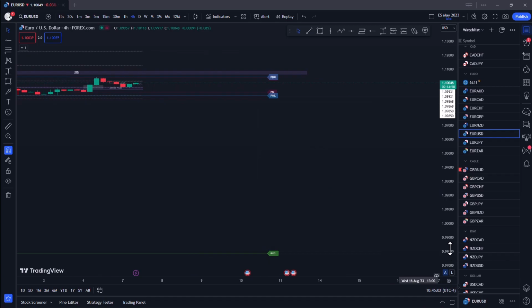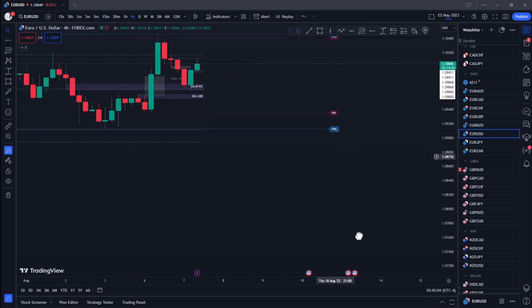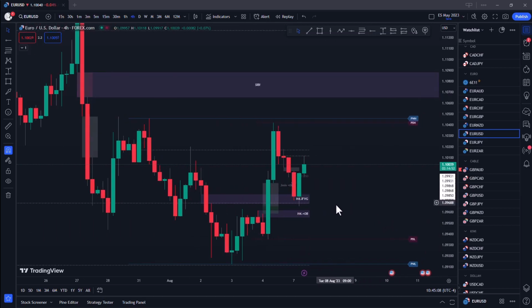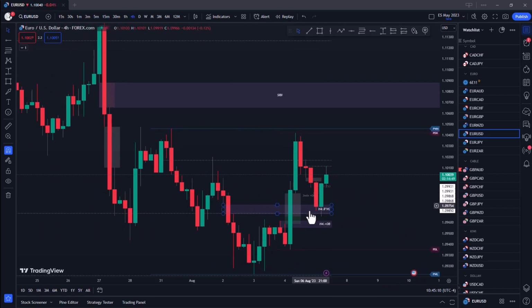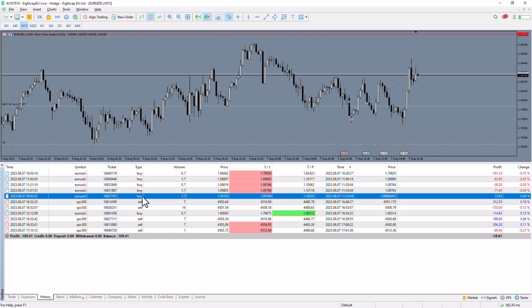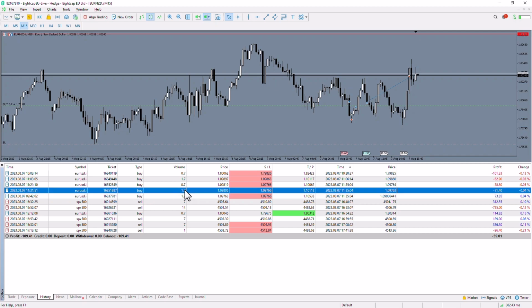Let me just show it quickly. So remembering what I was looking for, which is obviously the inverse of dollar index, I had a trade executed at this point. We swept the low, I got stopped out, and I was anticipating us trading into this 4-hour order block for higher prices to clear these equal highs. So that's how I managed to get a little bit of profit at that point and got stopped out at that point.